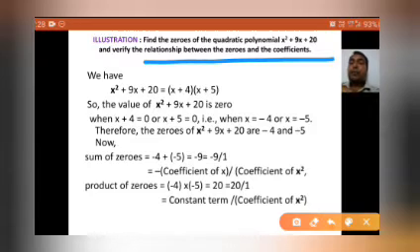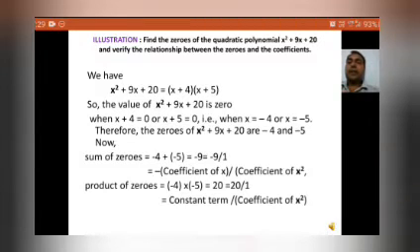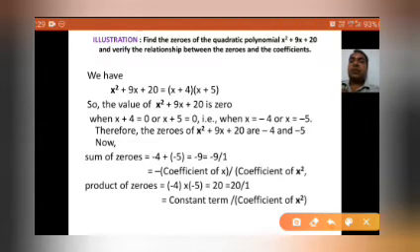In the given quadratic polynomial x square plus 9x plus 20, if we factorize it by the middle split method, then x plus 4 into x plus 5 are the factors of the given quadratic polynomial. So the value of x square plus 9x plus 20 is 0 if x plus 4 is equal to 0 or x plus 5 is equal to 0.